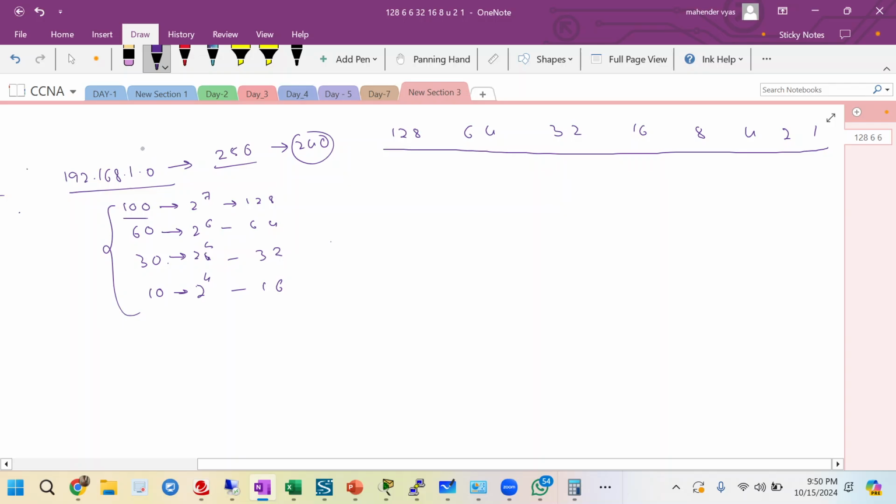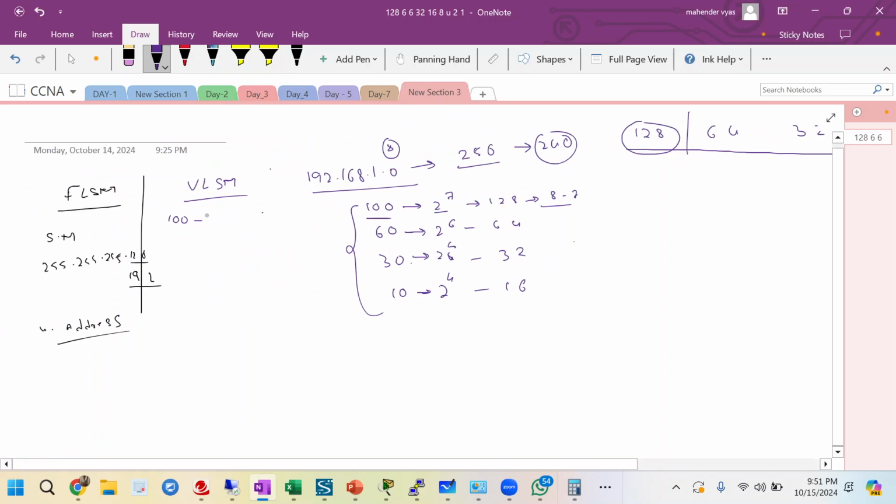I have 8 host bits now, right? But how many host bits do I need? I need 7 host bits. 8 minus 7, I need to convert one host bit into a network bit. Correct? So if I convert one host bit into a network bit, what would be my new subnet mask? 255.255.255.128, right? So this would be my subnet mask.